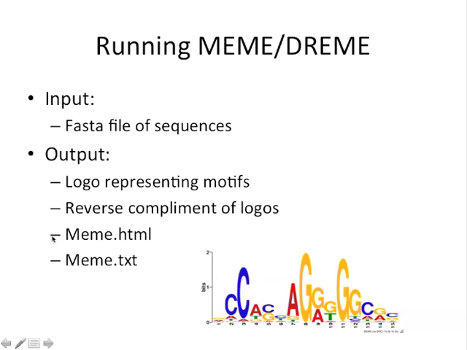This is a summary of that MEME run that you can look at with Firefox, and it also allows you to move forward with other analysis when you're doing it on your own computer. That move forward doesn't really work on this system. There's also this text file which contains all the same information as the logos in the HTML file, but it's a much denser read, though it doesn't take up too much space and doesn't require Firefox to view it.